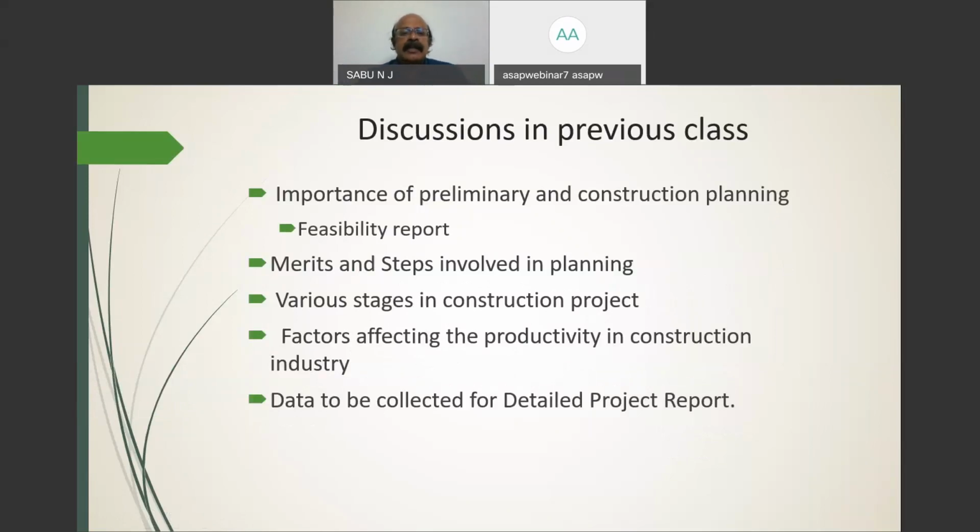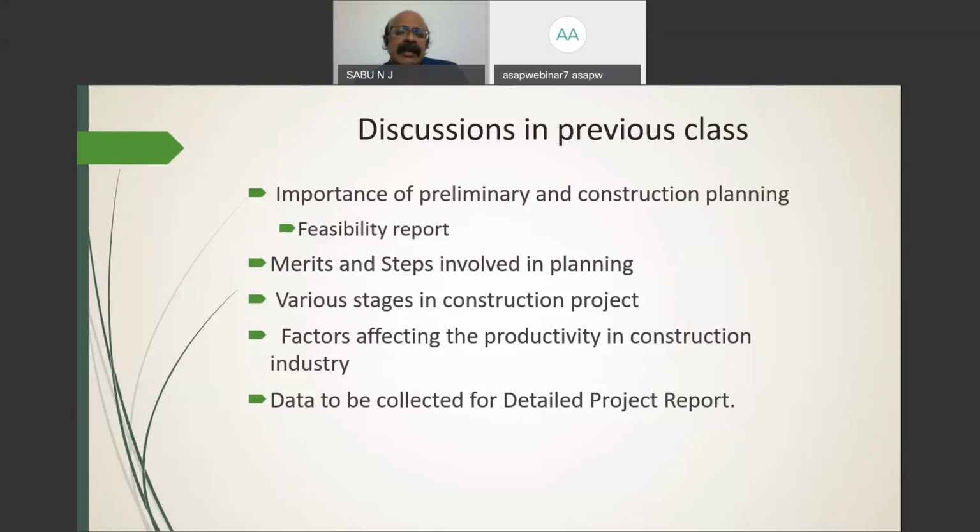Specifically, in the previous class we discussed the importance of preliminary and construction planning. I think all of you got the idea about the importance of planning, and that it is the foremost or primary function of construction management.